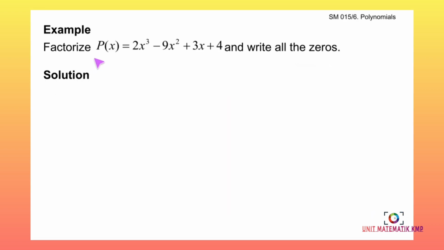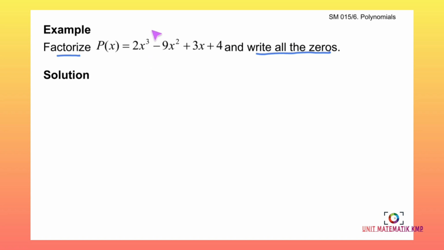Next, we want to factorize the given polynomial and write all the zeros. To factorize this polynomial, firstly, in this case, we need to use the trial and error method to find one of the factors of this polynomial.